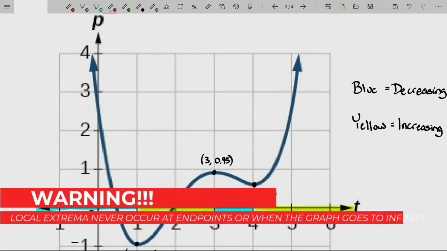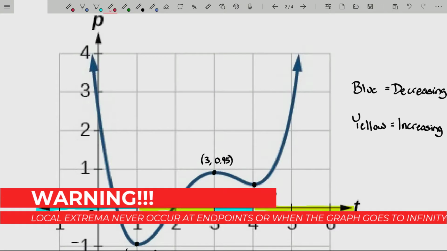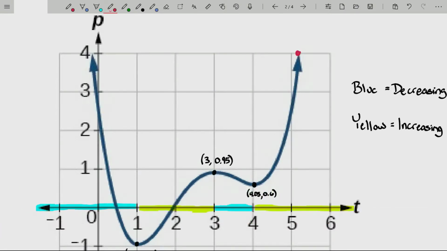I will often have students say that this curve right here has a maximum, let's say, at 5.2 and negative 0.1. Remember, to have a local maximum, it must be increasing on the left and decreasing on the right. This is definitely increasing from the left, but it's not decreasing over here. So that is not a local maximum.